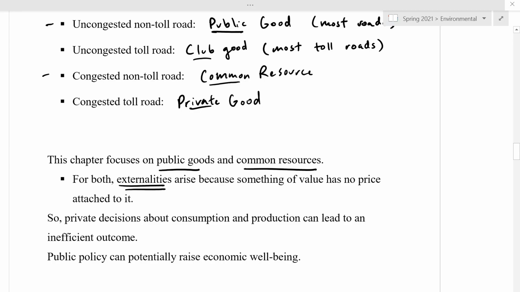So what we should be doing is either taxing or subsidizing based on negative or positive externalities associated with these types of goods. So in the next video, we're going to talk more about that, and then we'll do a couple examples looking at what we call the tragedy of the commons and a few other things.